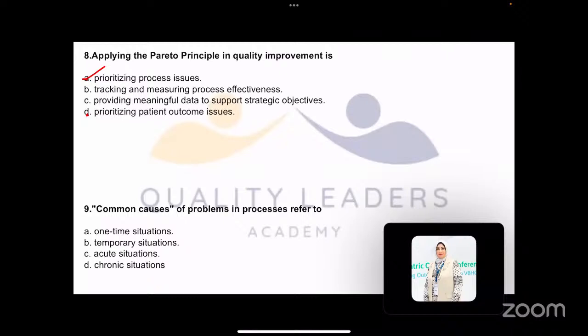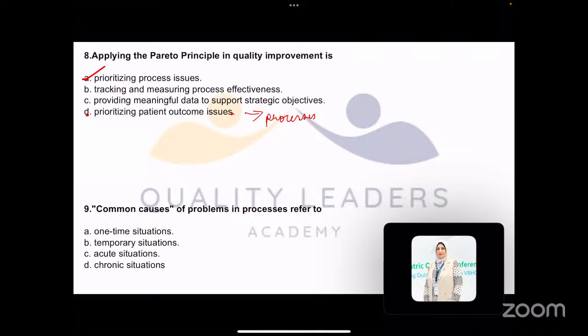When we look behind patient outcome issues to solve them, they relate to processes. So the best answer is prioritizing process issues. Okay, number 9. Common causes of problems in a process refer to what?